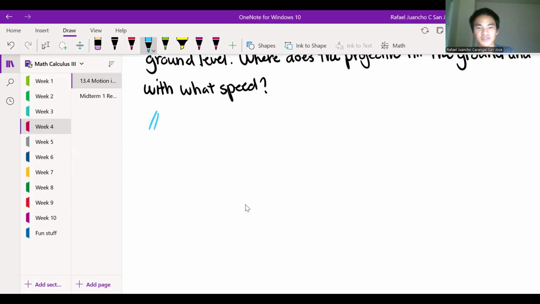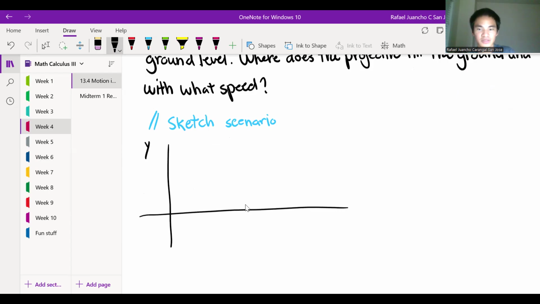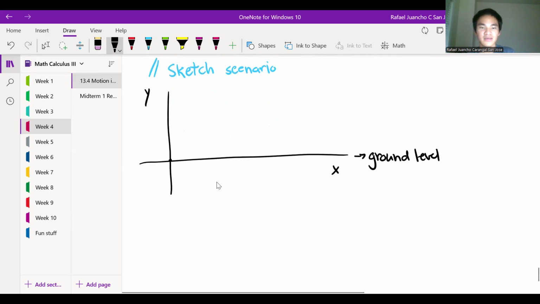So I think the first thing I'm gonna do here is, well, obviously we're gonna sketch a scenario, and we're gonna do it in 2D. We're gonna impose that this is the ground level. So we're saying the horizontal x-axis is the ground level. And we're saying that the position of this projectile is here.